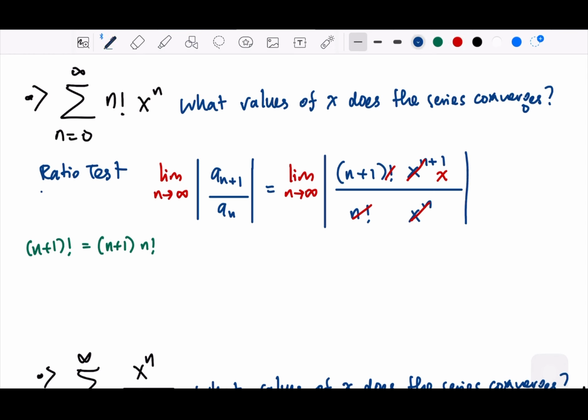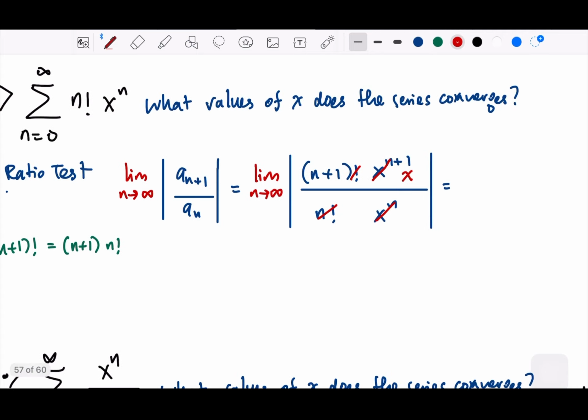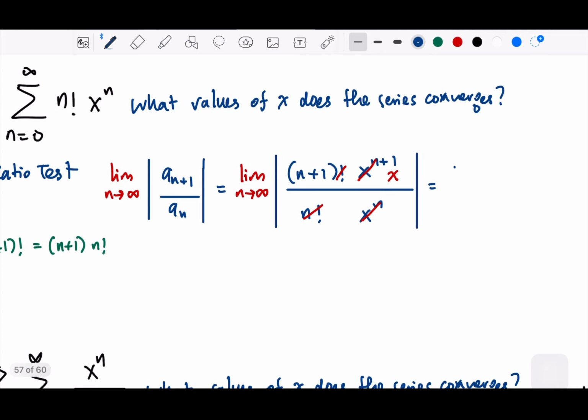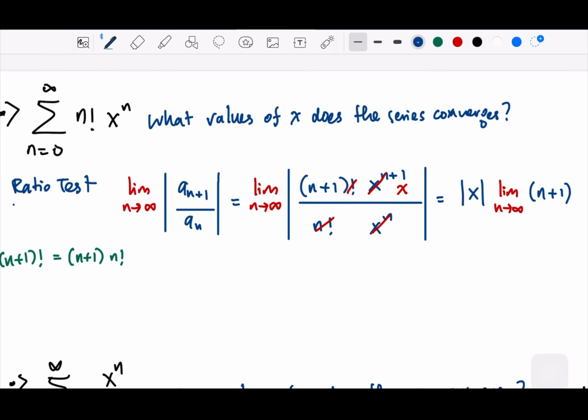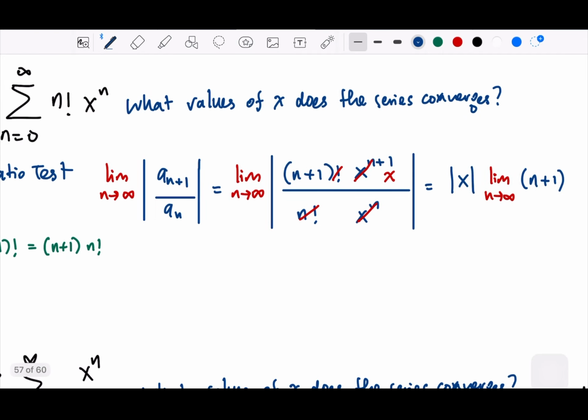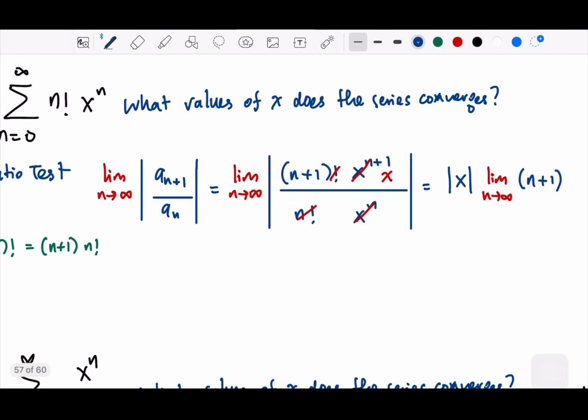So from this calculation, we see that this is going to be absolute value of x times n plus 1, with the limit as n gets larger.